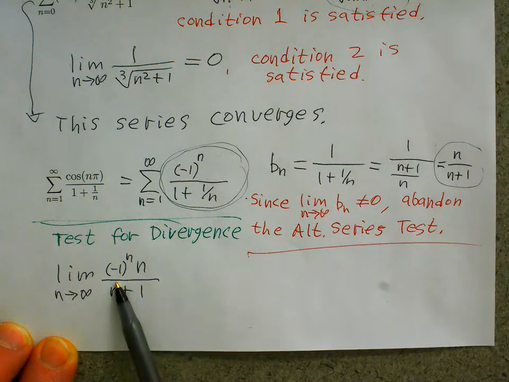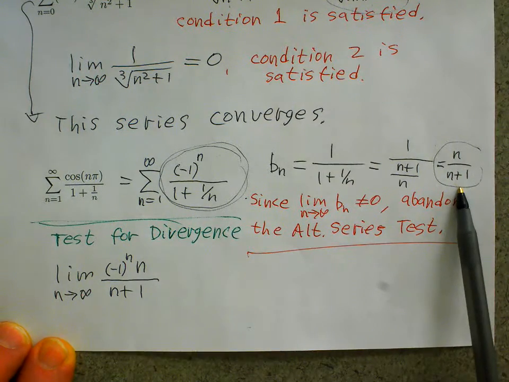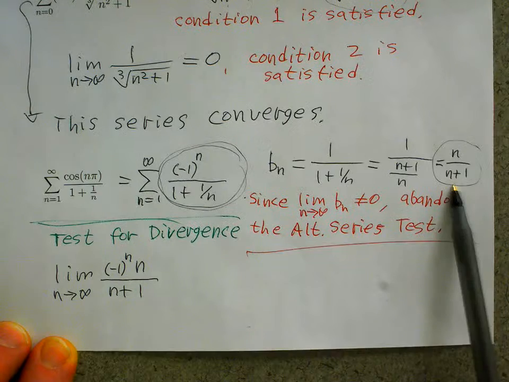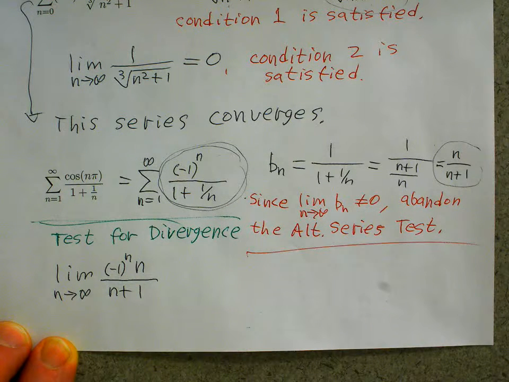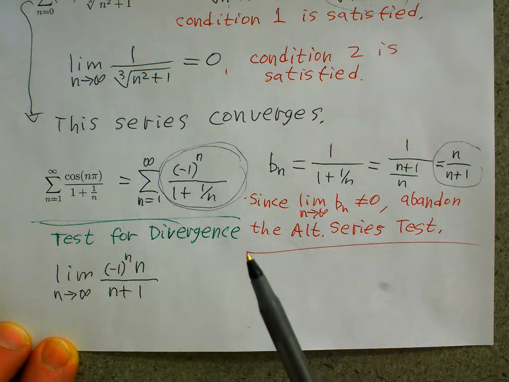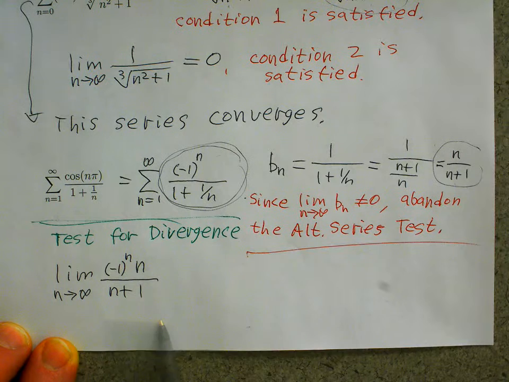Without the negative 1 to the n, we all agreed that n over n plus 1 approaches positive 1. But since the terms alternate between positive and negative, half of the terms approach positive 1, the other half approach negative 1, so the limit does not exist.